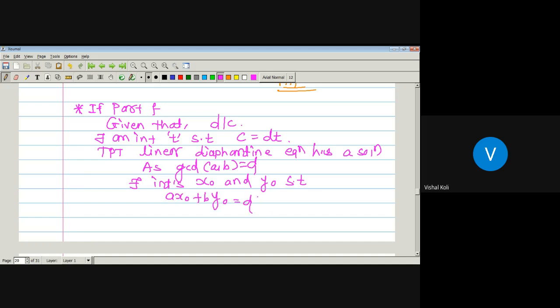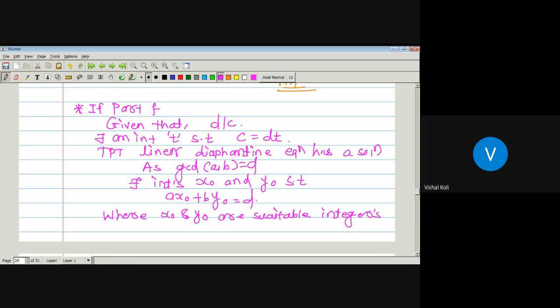Since whenever d is the GCD of a and b, one property of GCD is that d can be expressed as a linear combination of a and b, where x0 and y0 are suitable integers.